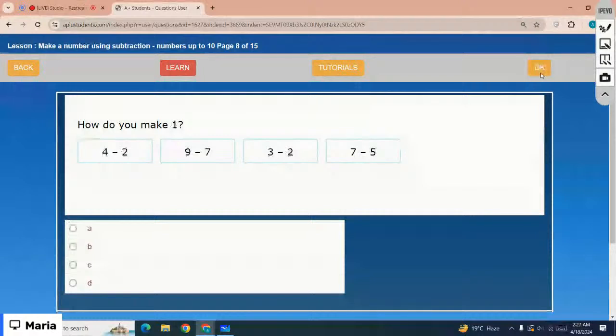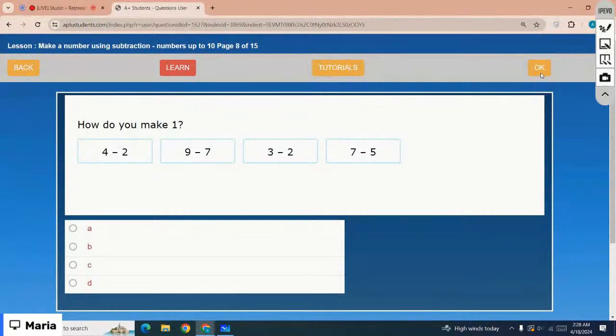How do you make 1, which is the correct option? The correct option is option number... Yes, very good.